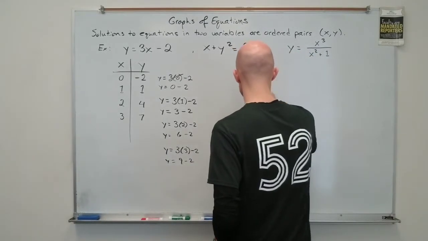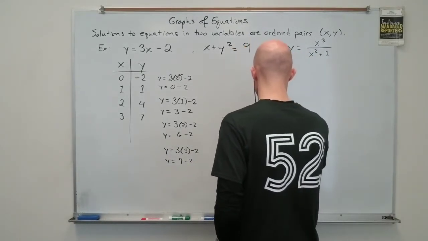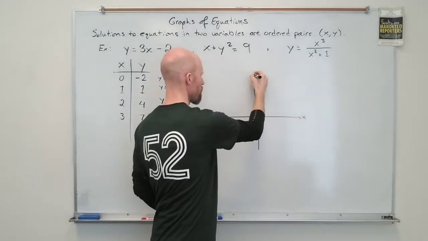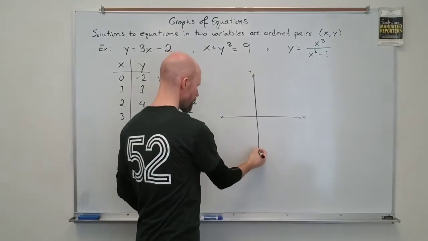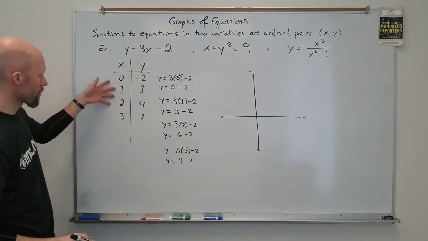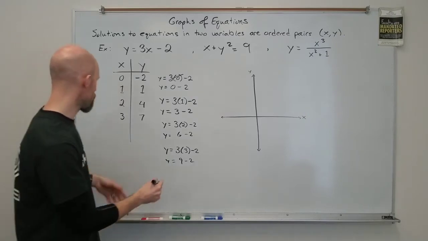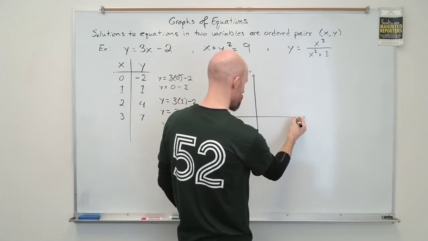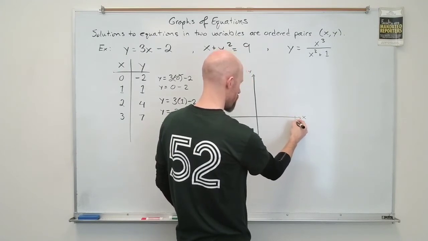So I'll set up an XY axis here, and I'll start plotting some of these. I need a scale on my axes. So maybe in the X direction, I go out to 4.